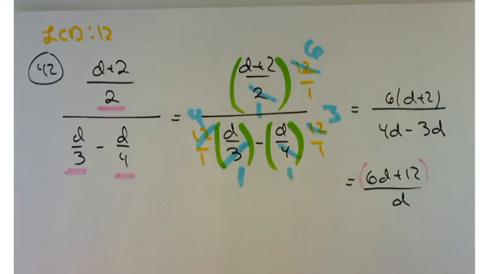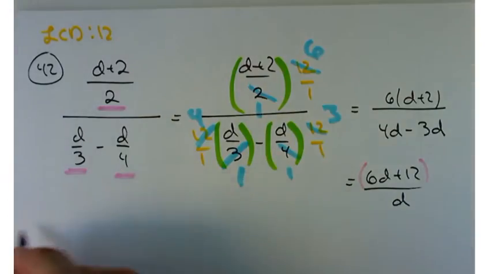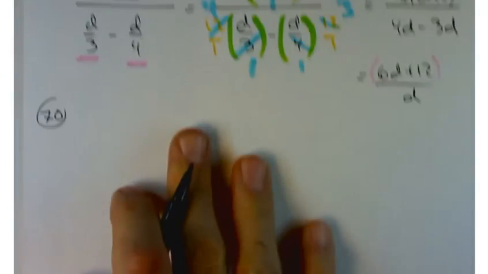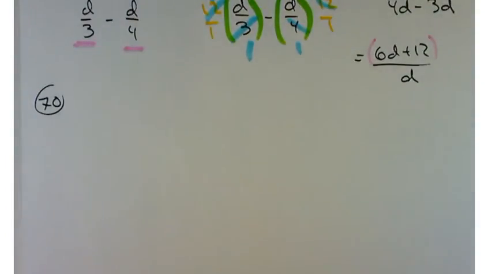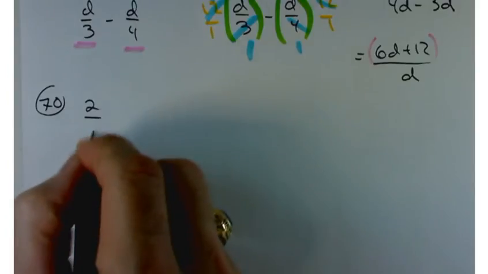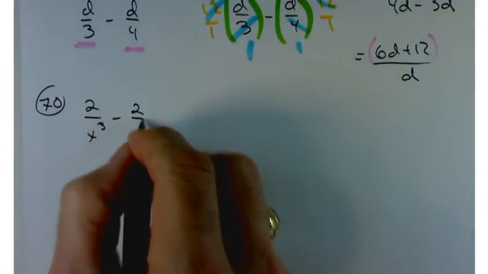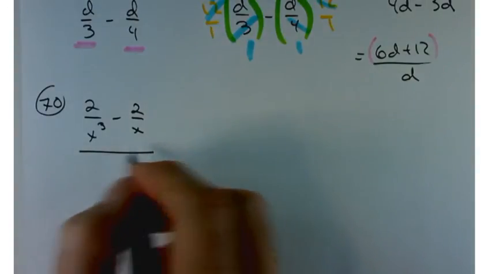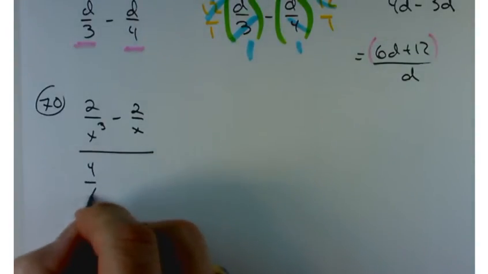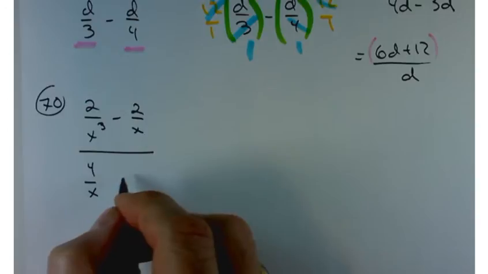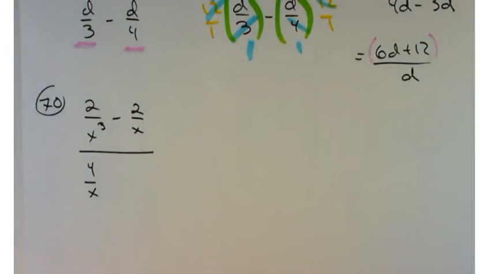Okay, so problem number 70. So another one just like this one. 2 over x cubed minus 2 over x divided by 4 over x plus 8 over x squared.